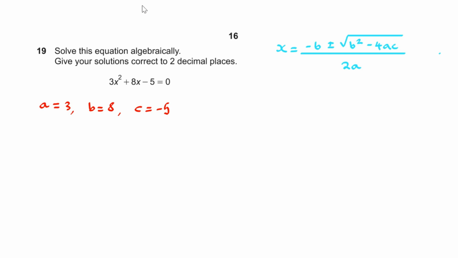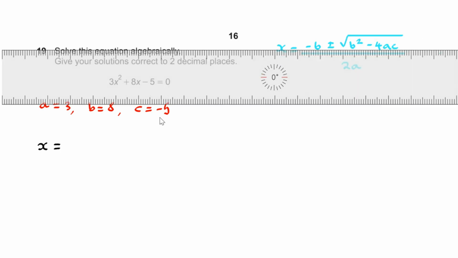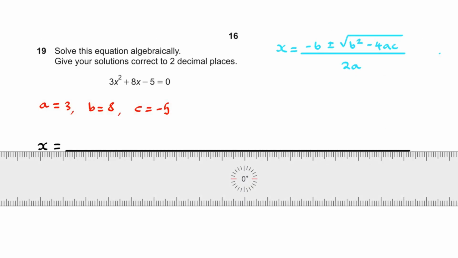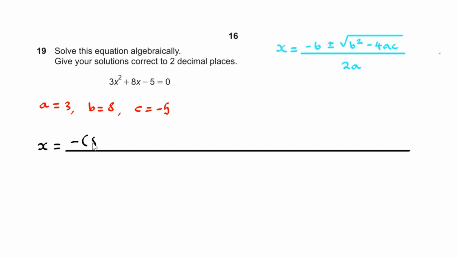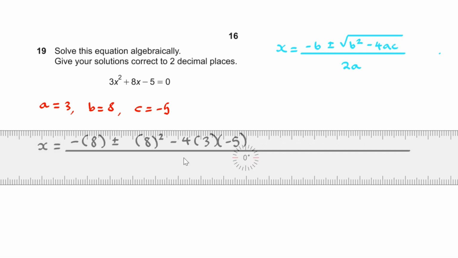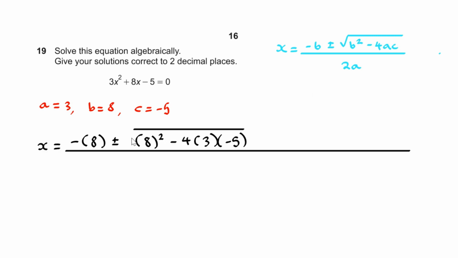So if we substitute into the quadratic formula, we have x equals, let's draw a line here, minus b, so we've got -8 plus minus the square root of 8 squared minus 4 times 3 times -5, and then we divide by 2 lots of 3.